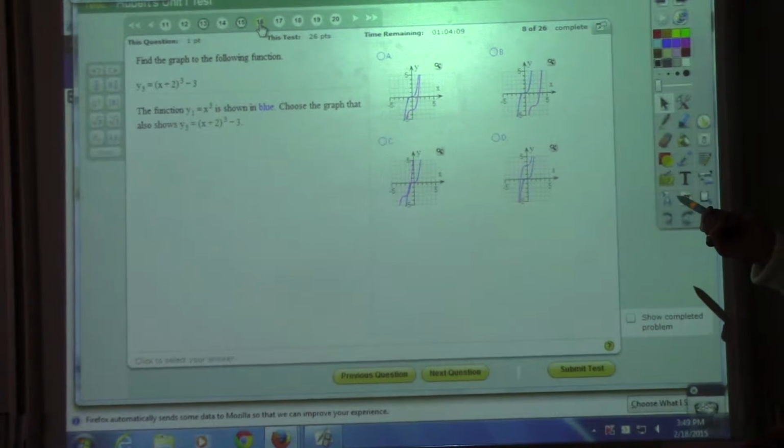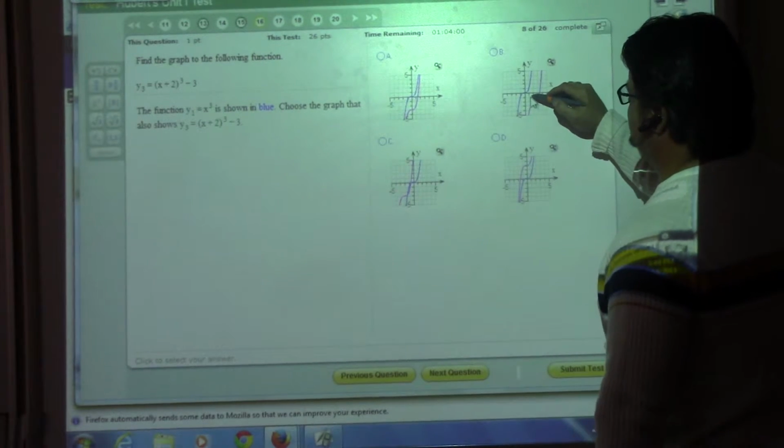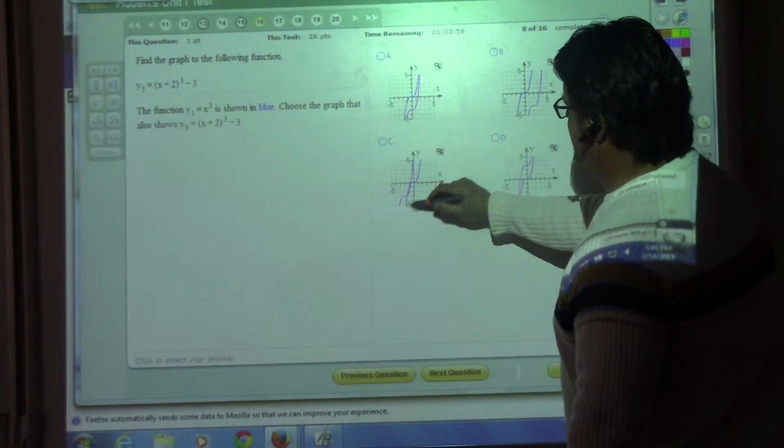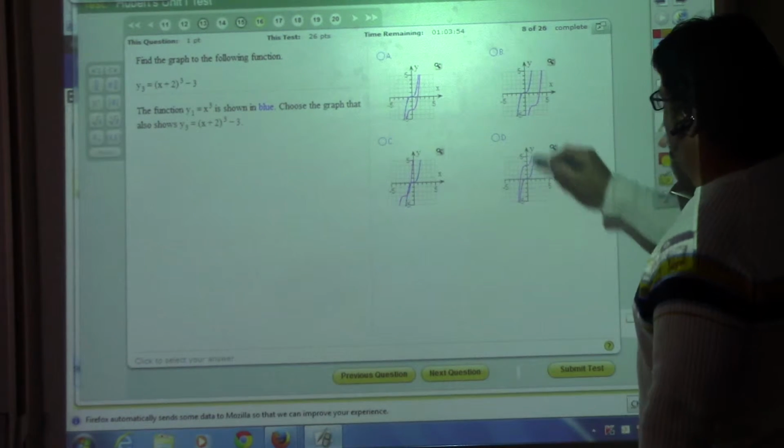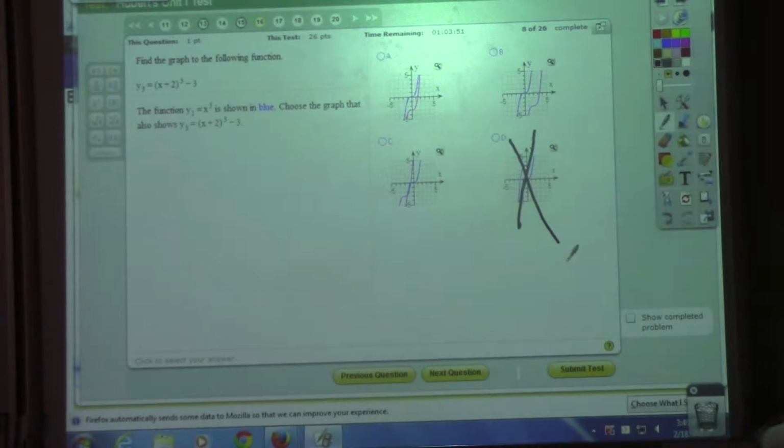Okay, we did one like this. That looks like the one we just did. But what's the vertical shift? -3. So we're looking for something negative. That's not it, because that's up.